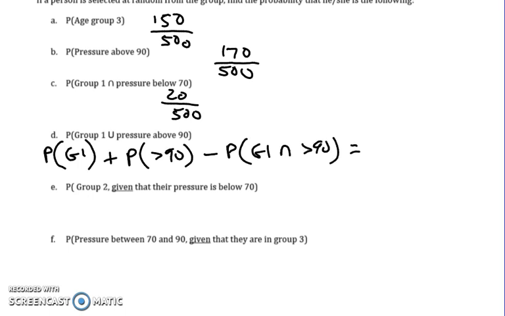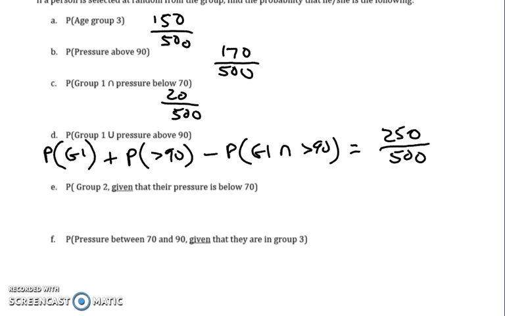So that's going to be 250 all over 500. So for group 1, you had 100, pressures above 90. You had 170 minus 20 gives you your 250.